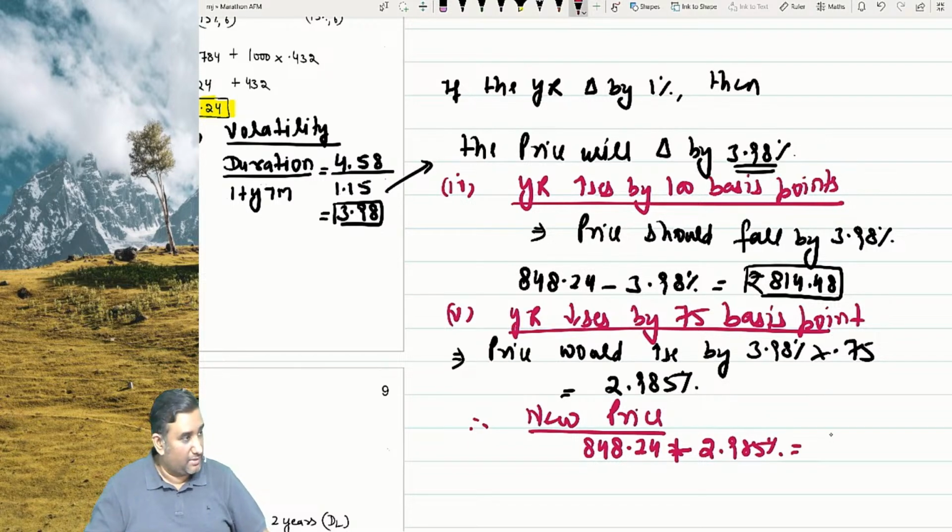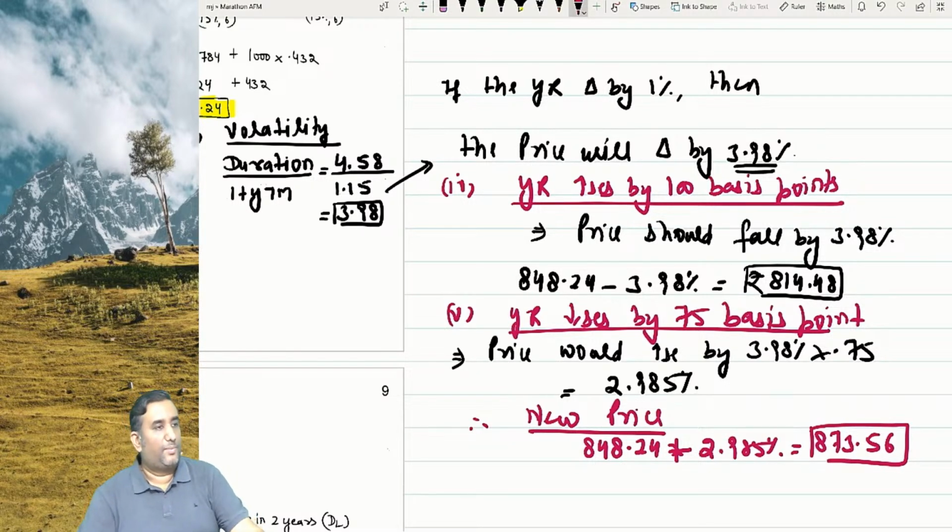How much do we get? Upside and downside, a linear relationship is a straight line. Done.